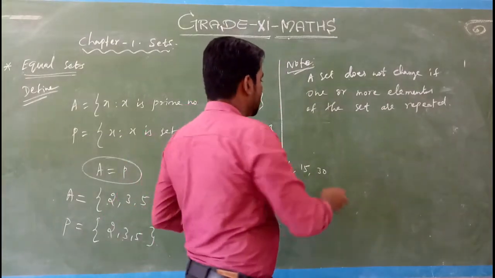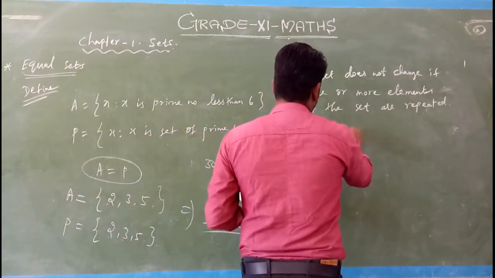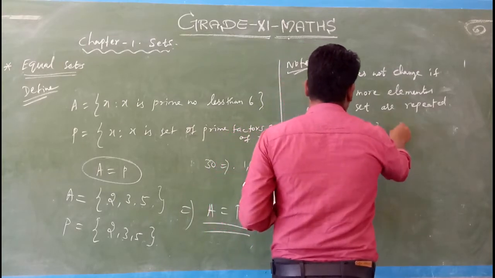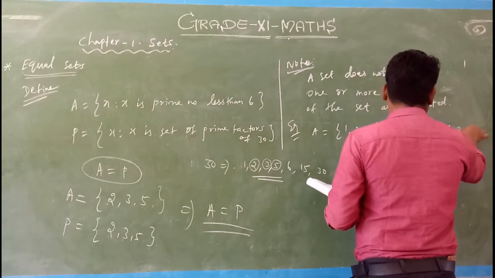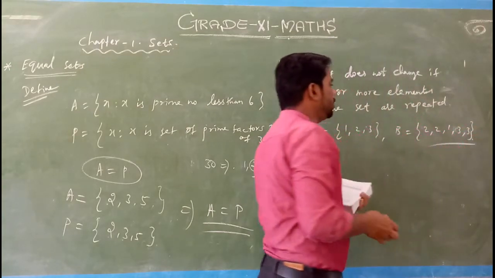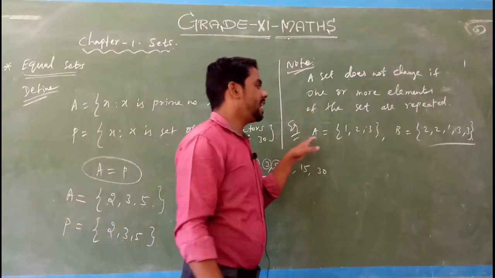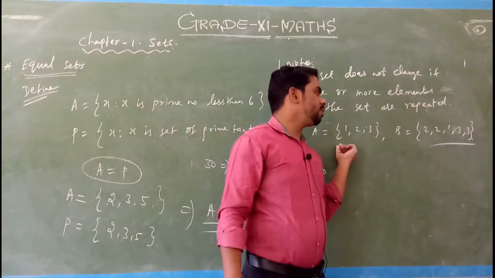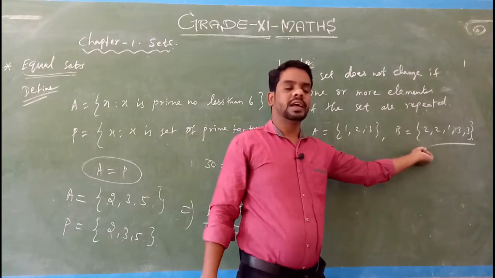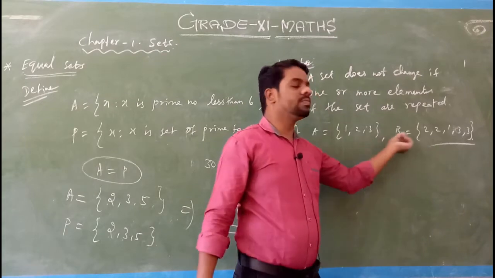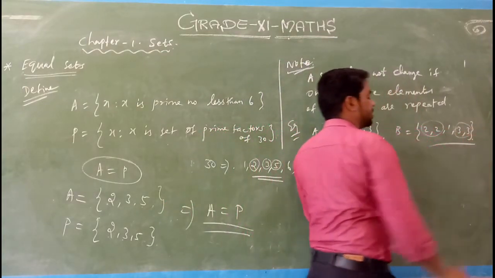Listen, for example, say A equal to {1, 2, 3} and B equal to {2, 2, 1, 3, 3}. They are equal, since 1 belongs to A and 1 also belongs to B, 2 belongs to A and 2 also belongs to B, and 3 belongs to A and 3 also belongs to B. Here 2 and 3 are repeated.